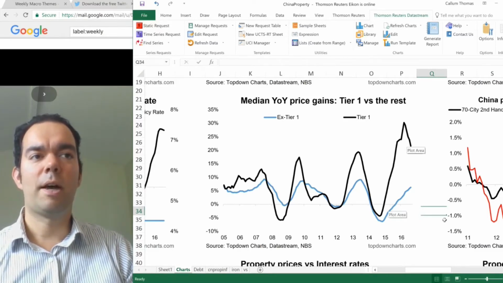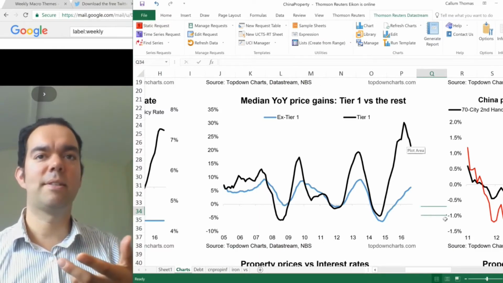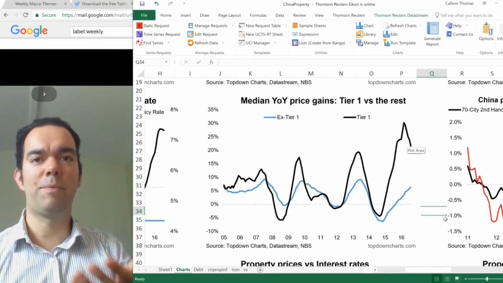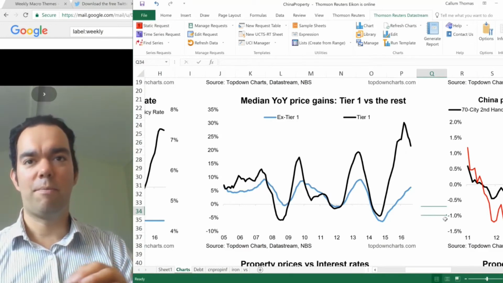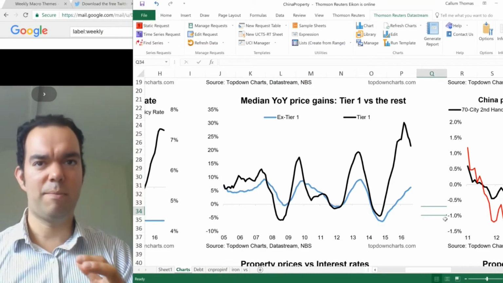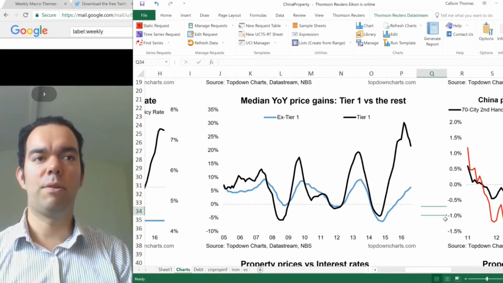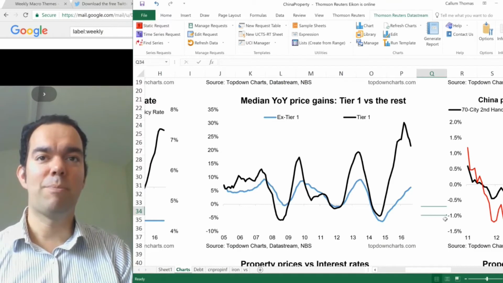They cut interest rates, they cut sales taxes, they cut the minimum down payment that you had to make, reduced the limits on purchases, and even did a little bit of adjustment to the qualifications, or the benefits or restrictions on how rural residents can actually buy in the smaller cities.